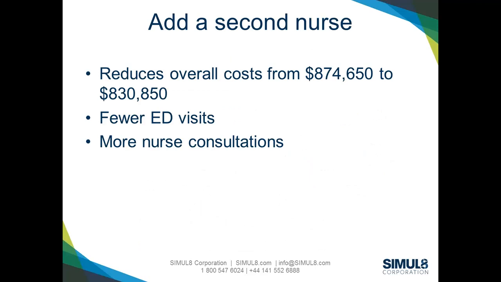What we found was that adding a second nurse in fact reduced the overall cost, because if you took into account the cost of the emergency department, it was certainly worth funding 2 nurses to meet that demand.